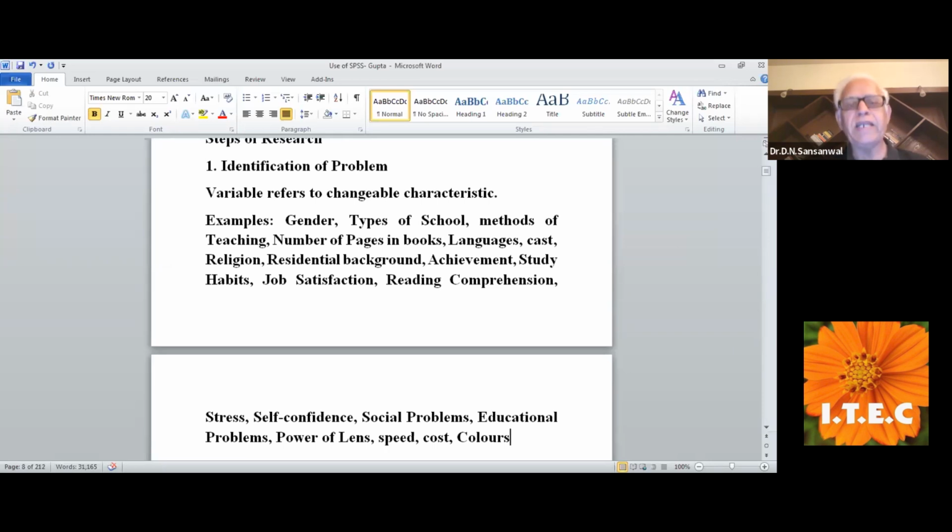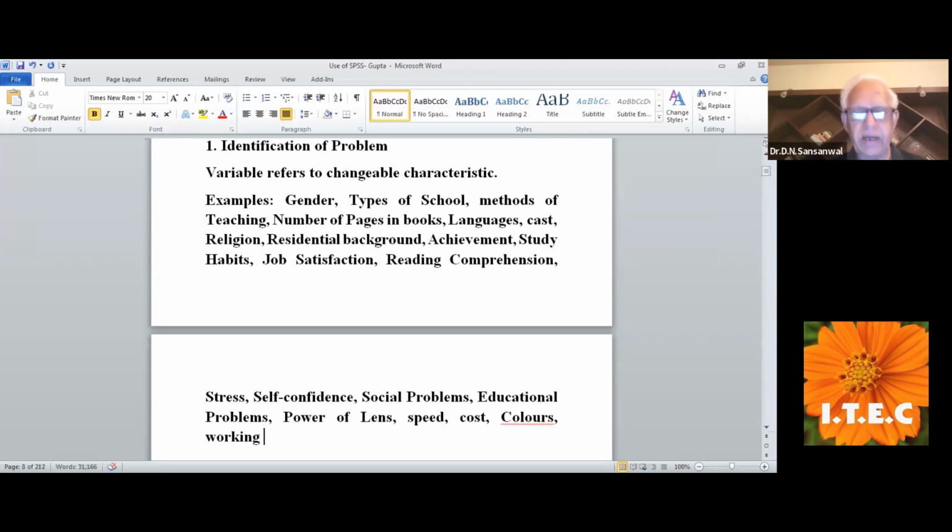Should I give more examples of variable or these are enough? Working hours, working days. Do you want more examples or these are enough? I do not know whether your teacher gave so many examples or not.